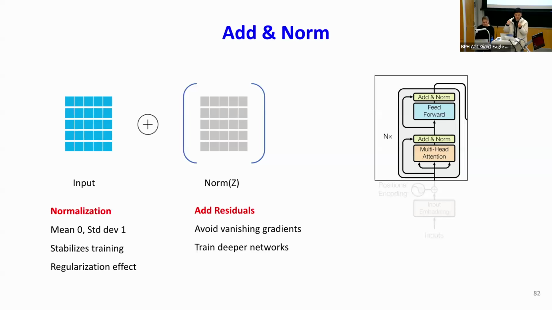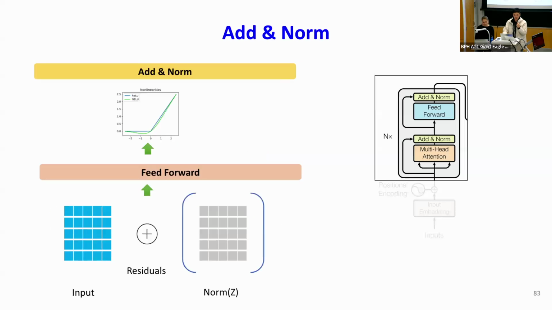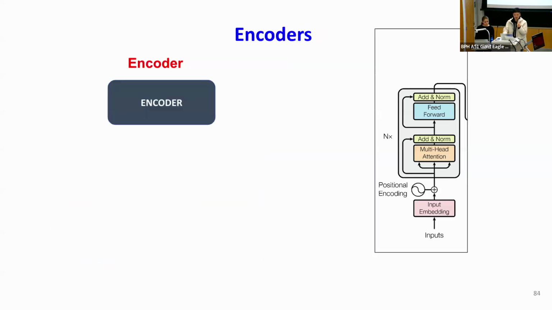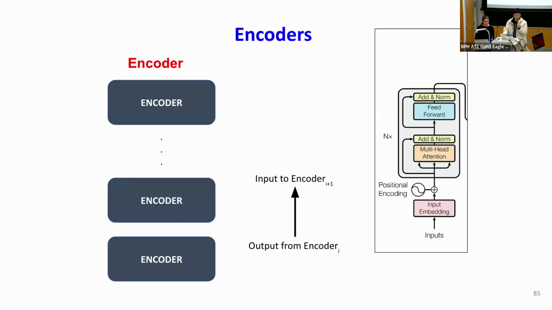If you don't have these residual connections, then the chances are the gradients are going to either vanish or explode near the end. So this is for training purposes, so that we can train deeper networks this way. This is what's meant by the feed forward and add and norm that goes after the attention. All right, and so here's the complete picture, and that is called one encoder block. Right? And what happens in the model is that you have a number of these encoder blocks.